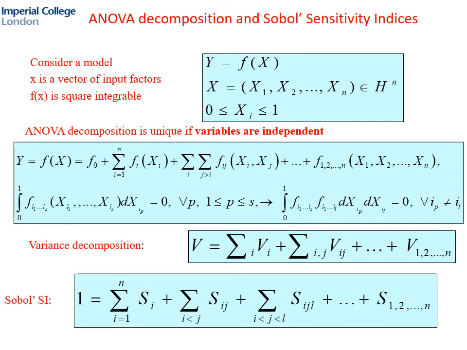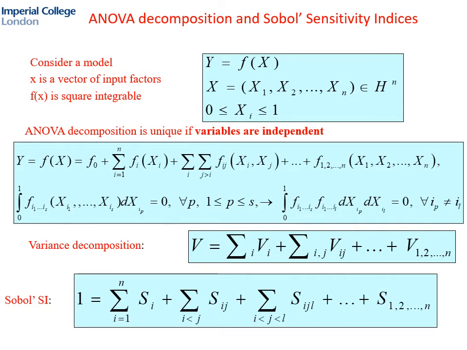We consider a model f(x), where x is a vector in a hypercube Hn, and ANOVA decomposition is such that function f(x) can be represented in this form. This decomposition is unique if the integral of each of these terms in ANOVA with respect to a subset of parameters xip is equal to 0.